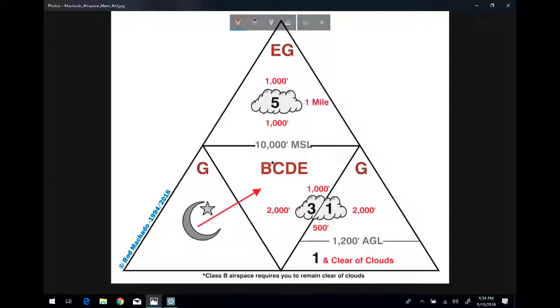Mrs. Benton, if you'd pause this and give them 5 minutes to draw this, then I will come back and walk them through it. Okay, you can pause it now.